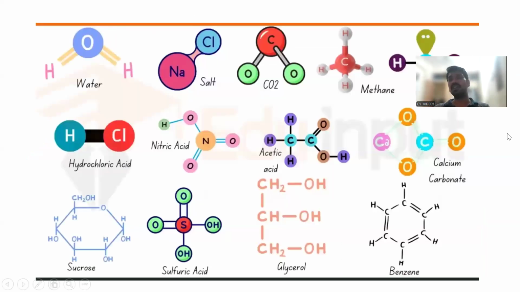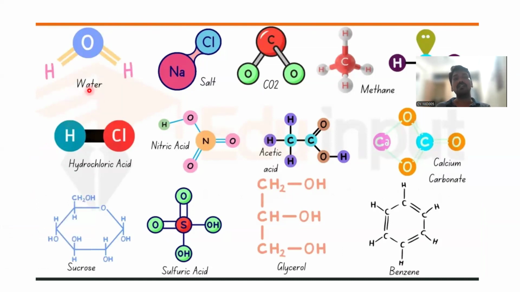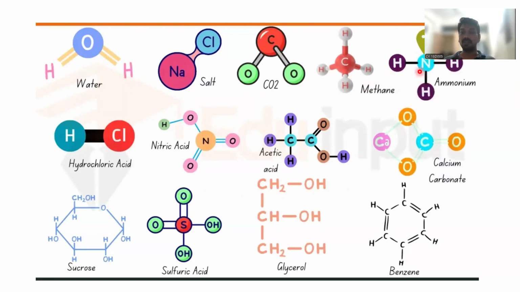So here you can say that the very first molecule is water. Water is a molecule which consists of covalent bonds. Then sodium chloride, table salt, carbon dioxide that we exhale into the atmosphere, methane, which is a natural gas, and ammonia, which is NH3.